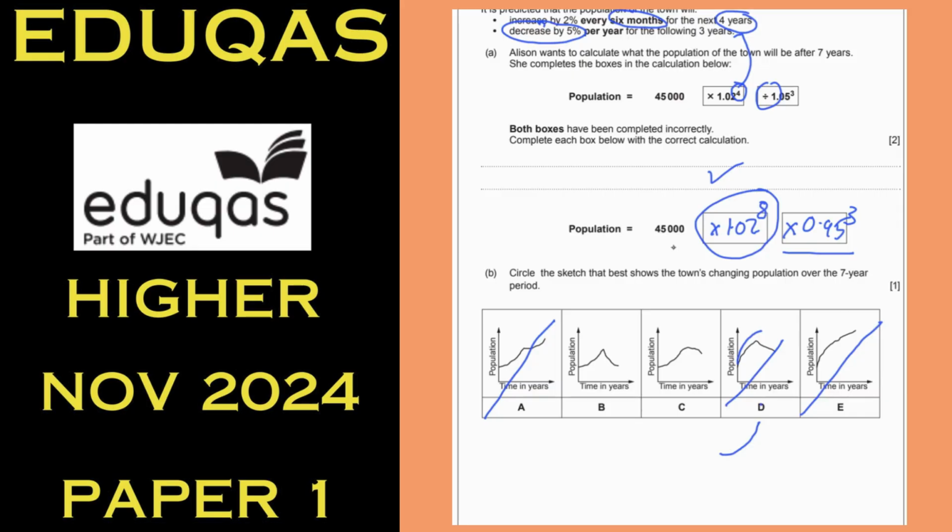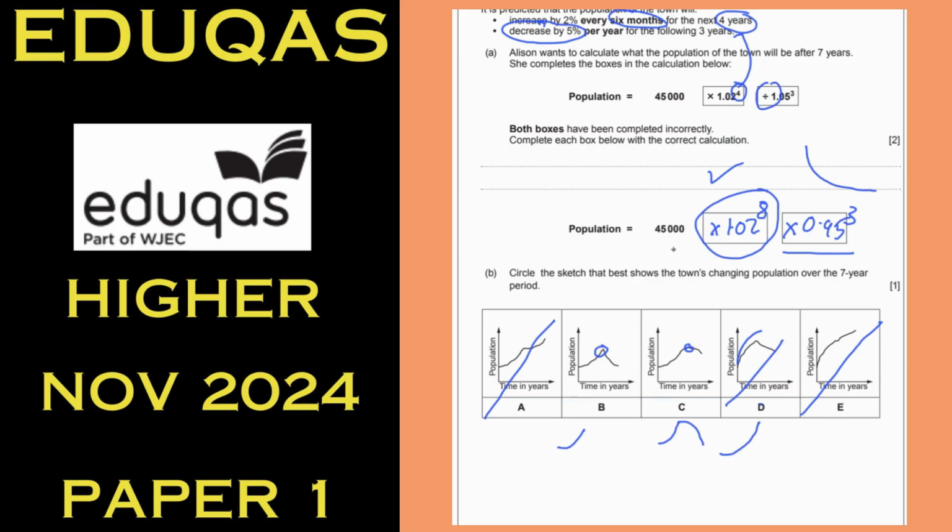As you can see though, that shape is present in both graphs B and C. It's what they do after their peak that's different. C has that shape, which means the decrease gets more and more. That's not true. If you multiply something by 0.95 again and again and again, that type of graph will have that shape.